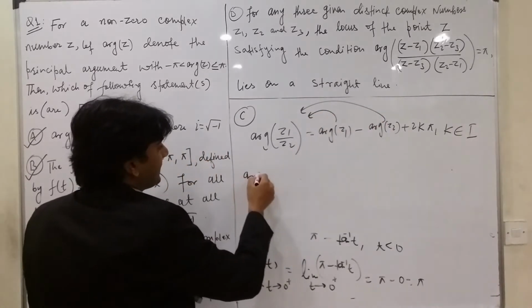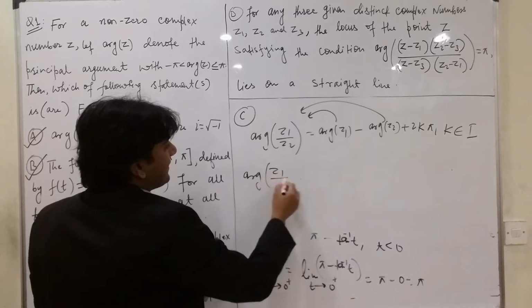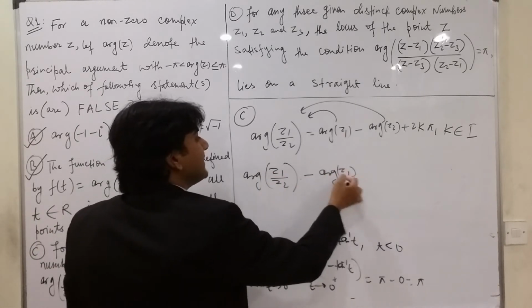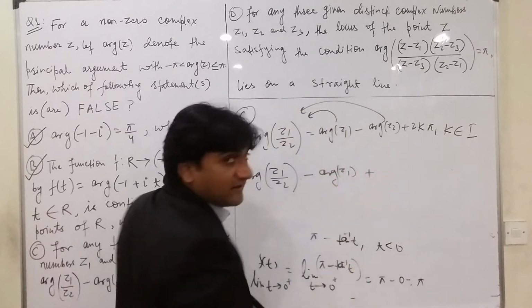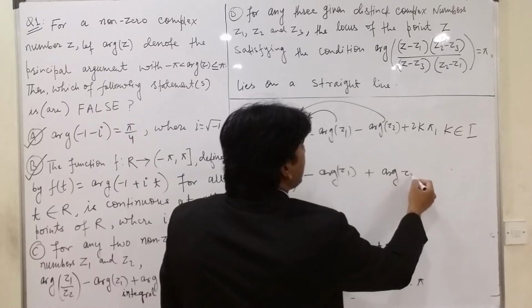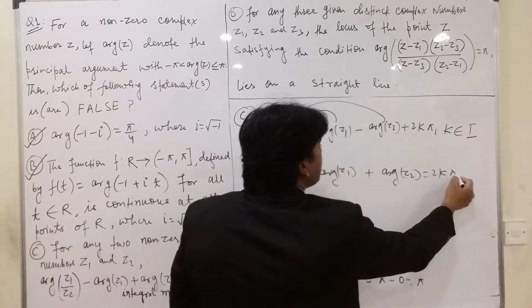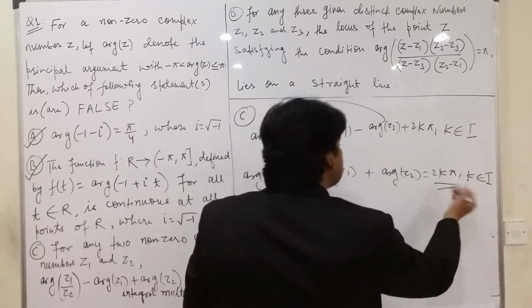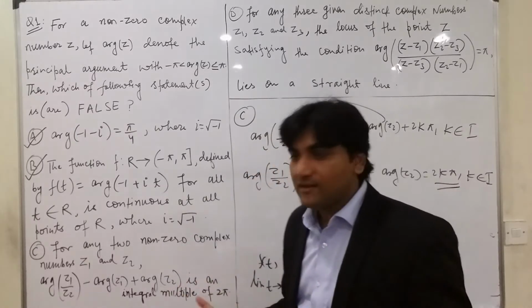Then I will have argument of z1 over z2 minus argument of z1, and plus argument of z2 equals 2k pi, where k belongs to the integers. So this is just a property, nothing else.